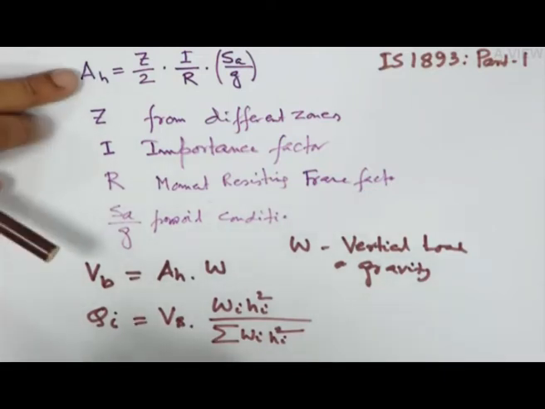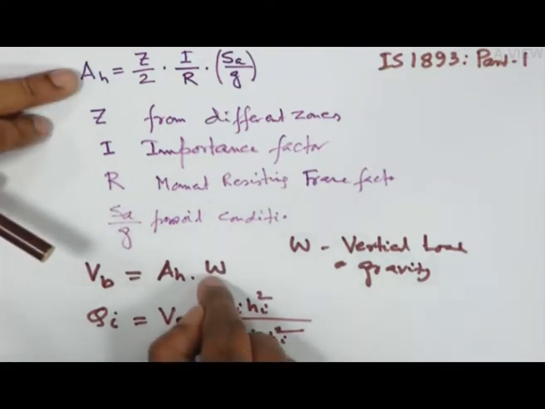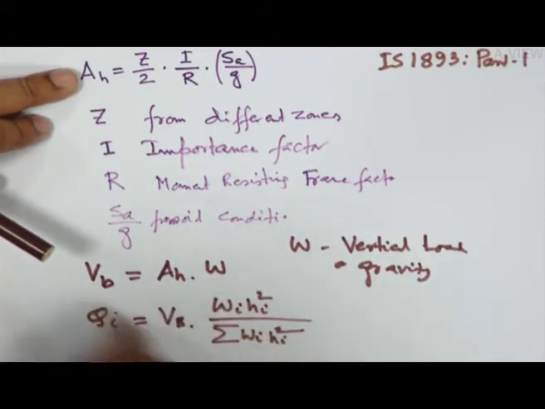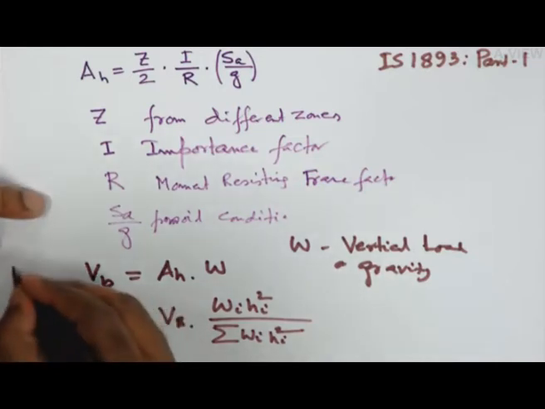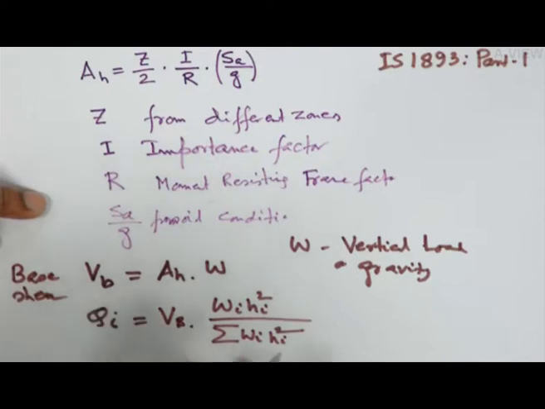So if I find Ah, and we calculate W, I can find out VB, the base shear. This one we have to distribute along the floors.